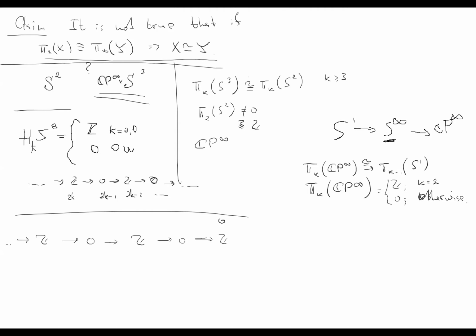Now when I take the product with S3, I have two kinds of cells: cells of CP infinity cross the 0 cell of S3, and cells of CP infinity times the 3 cell of S3.